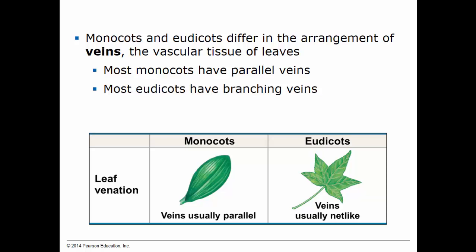If we're looking at a monocot leaf, we generally see veins that run parallel or next to one another. In contrast, most eudicots have a branching pattern of veins. So we have a few large veins running throughout the leaf and smaller veins branching off the sides of those bigger ones.